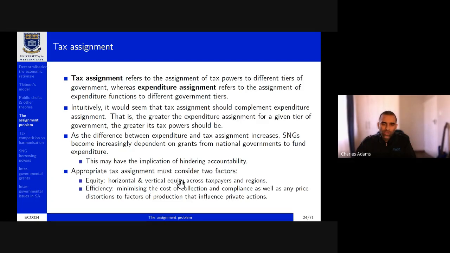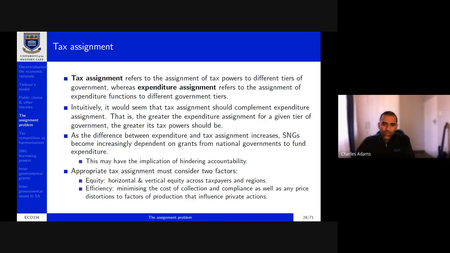That you observe horizontal and vertical equity across taxpayers as well as across regions. Horizontal equity meaning that people with similar incomes pay similar tax rates and similar levels of taxes, and vertical equity suggesting that people with higher income should pay higher taxes than people with lower income. And these sound like obvious things, but it's not always necessarily the case.